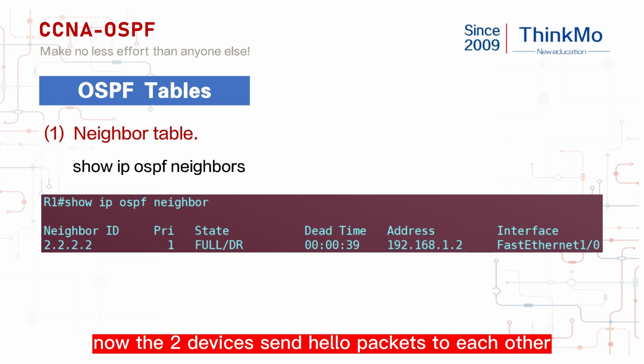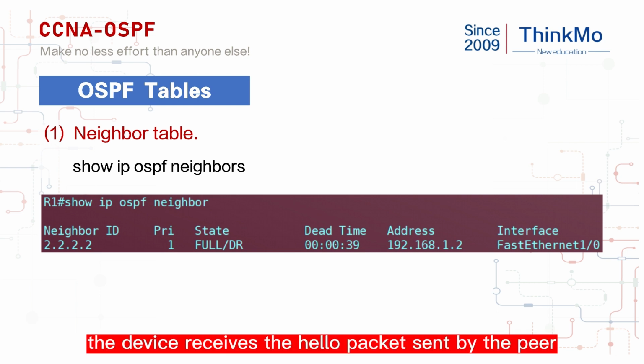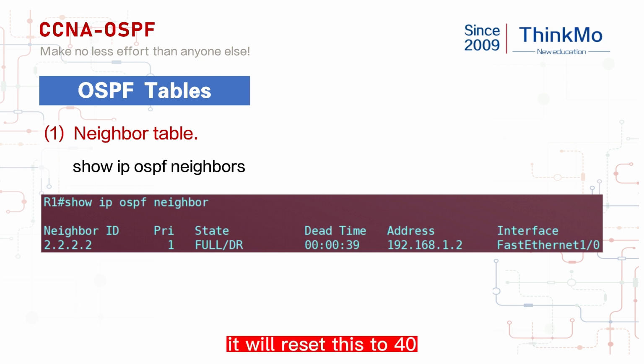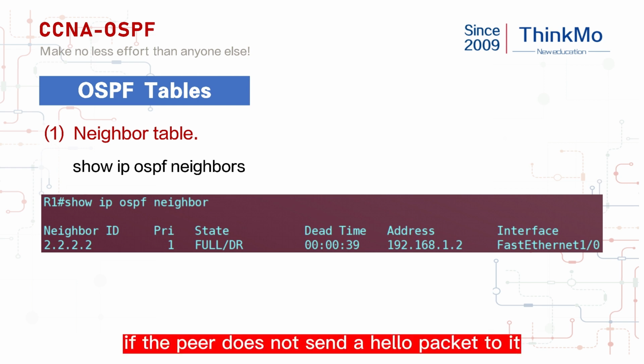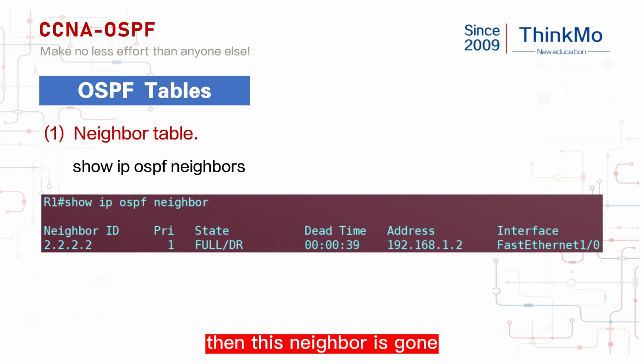Now the two devices send hello packets to each other, once every 10 seconds. As long as the device receives the hello packet sent by the peer, it will reset this to 40. Then start counting down until it reads 0. If the peer does not send a hello packet to it, then this neighbor is gone.